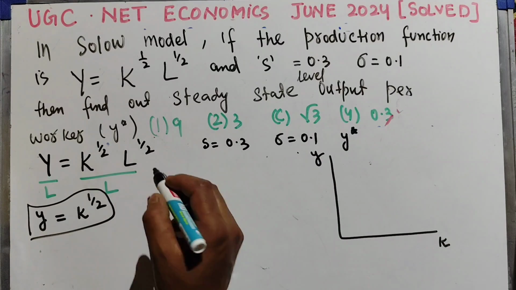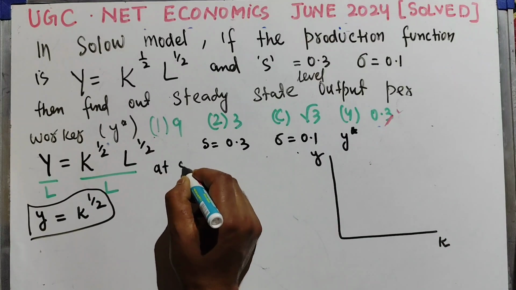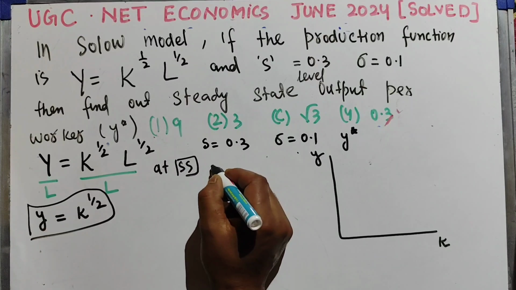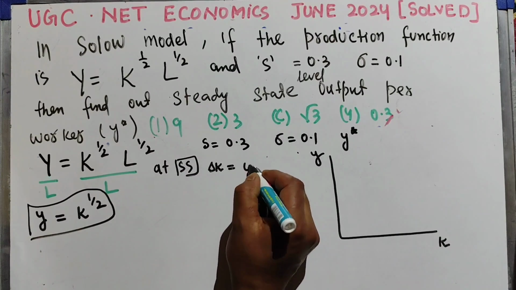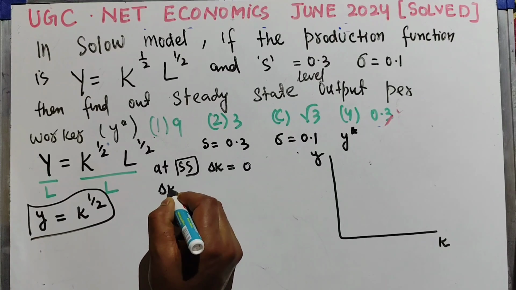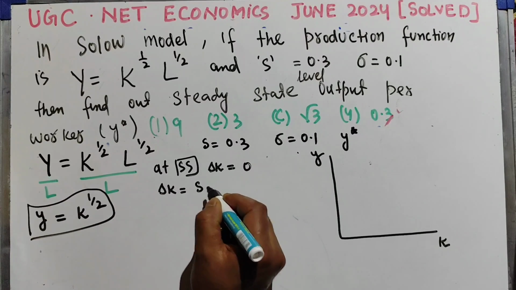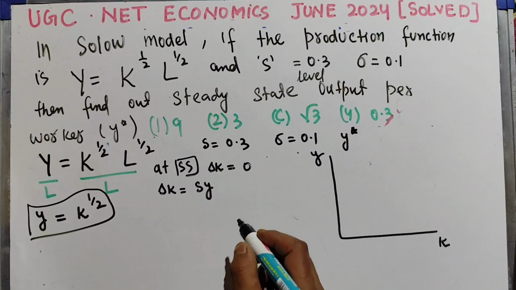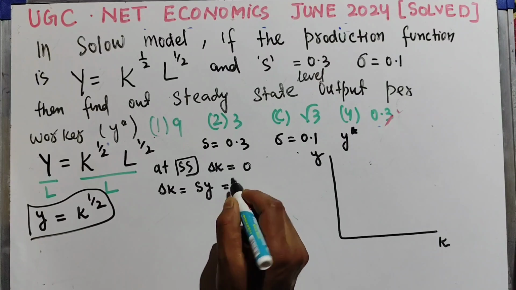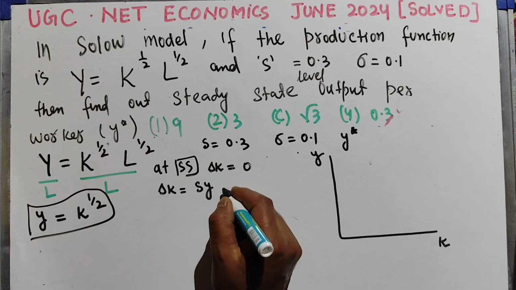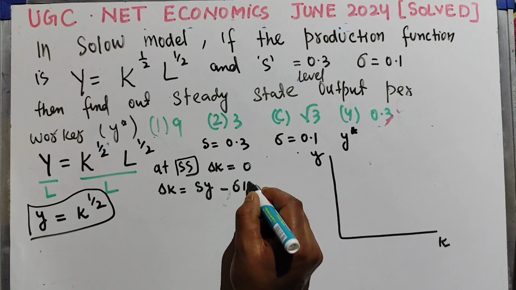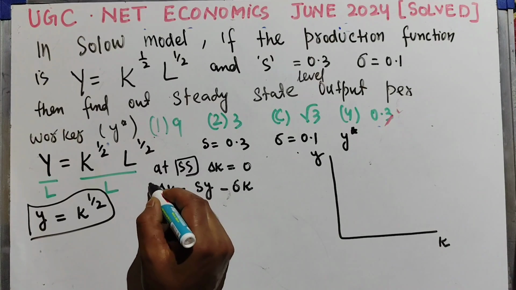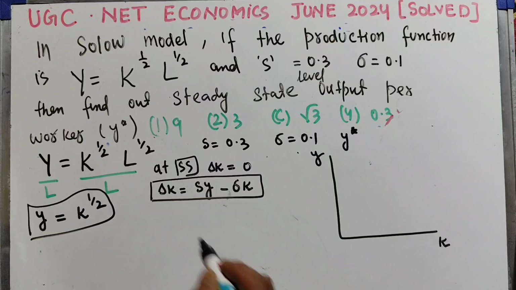What happens at steady state level? The change in the capital stock is equal to 0. And what is the change in the capital stock? That is equal to savings times output per worker minus depreciation times capital per worker. This is our fundamental equation of the Solow model.